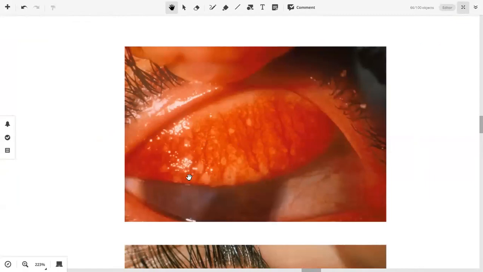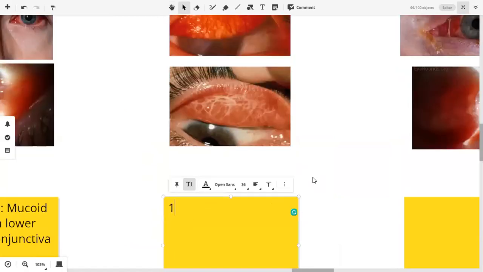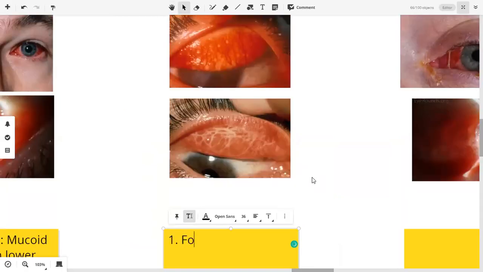But there are some spots over here, some areas or some large dots which do not have redness or which do not have the vessels. These are follicles. In our first picture, our first important finding is follicles. Where are these follicles located? Upper palpebral conjunctiva.